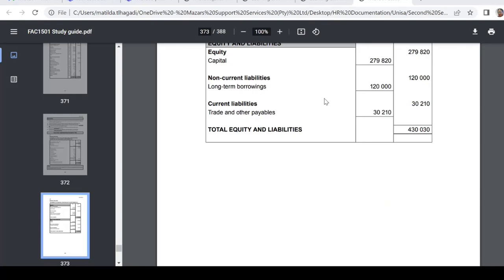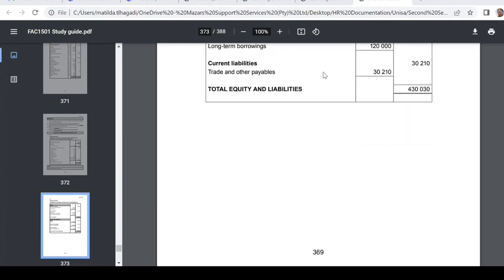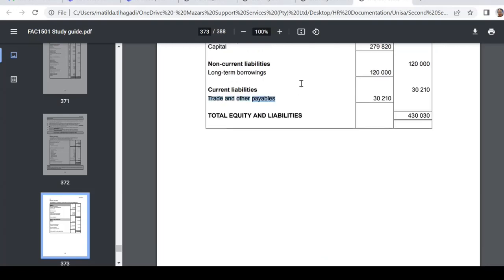And long-term loan, the long-term borrowings, is what? Can you see? Only from the trial balance, it is 120,000. Yes. And then trade and other payables, it's creditors control, which is 30,210. So this is from the trial balance.